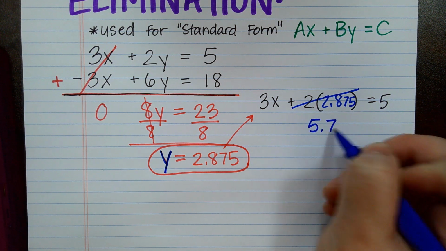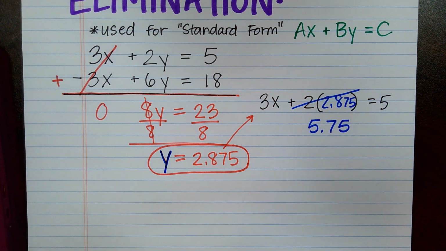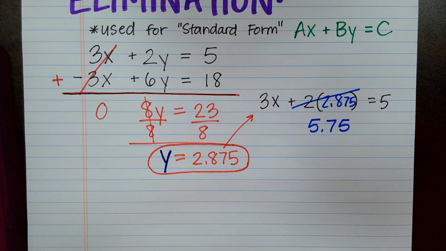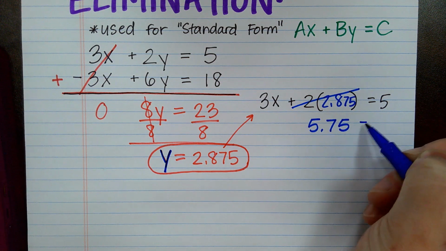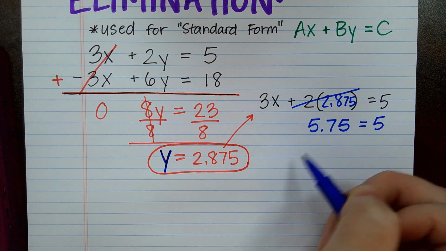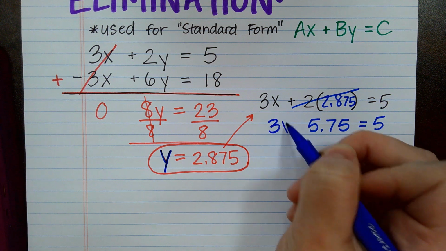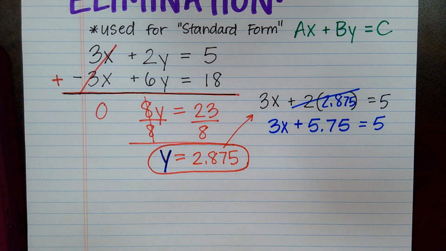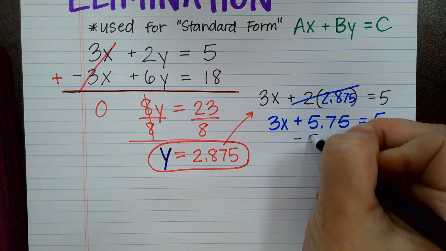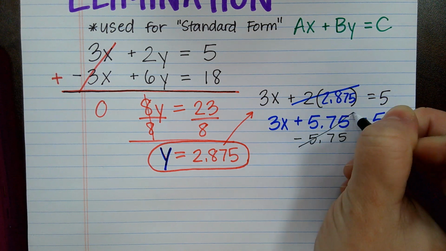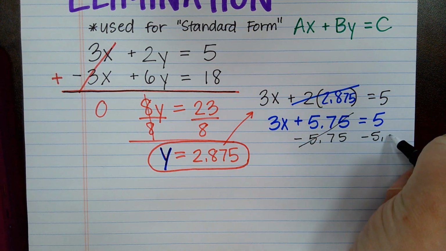So we have 3x plus 5.75 equals 5. We're going to subtract 5.75 from both sides. Minus 5.75 cancels it out.